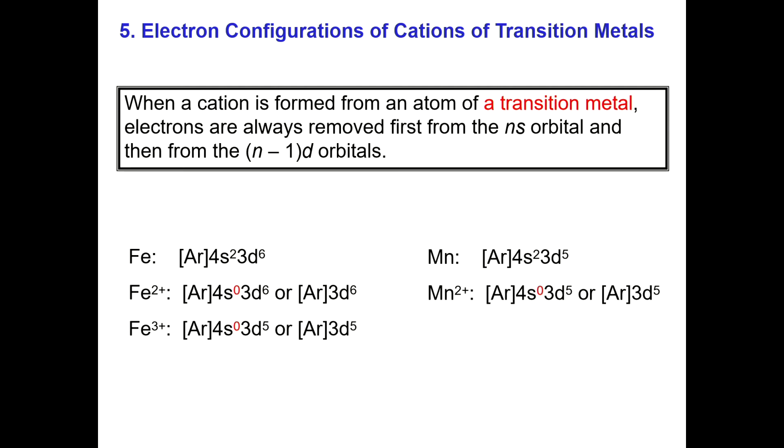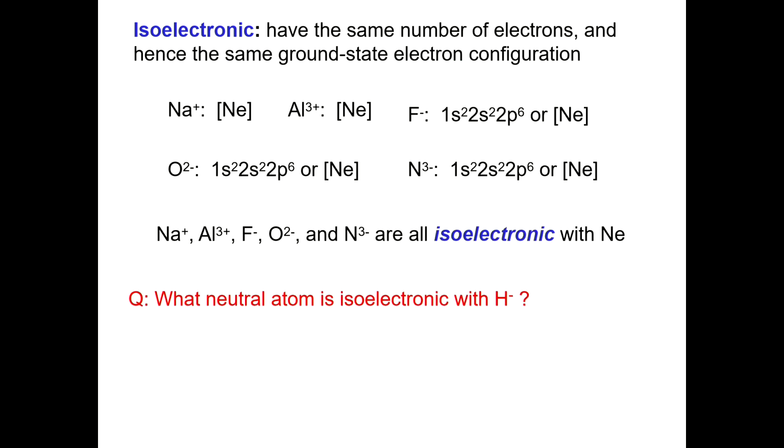Okay, so here is about isoelectronic. So what is isoelectronic? Basically, they have the same number of electrons and hence the same ground state electron configuration. For example, for these ions, they have the same number of electrons, right?